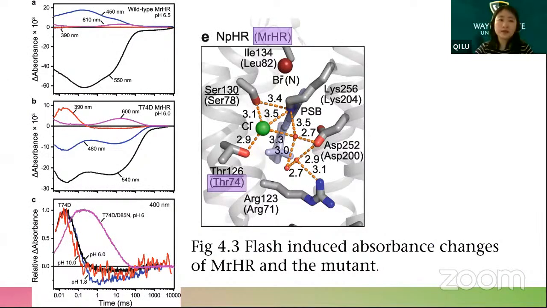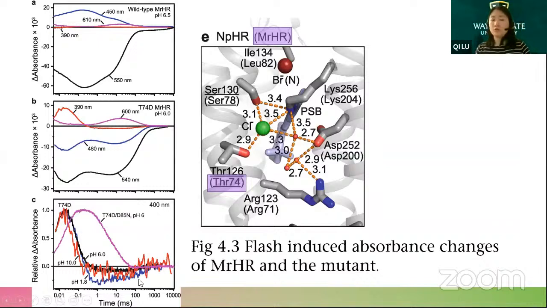Here is the experimental result showing that this one single mutation changes the whole light absorbance property between wild type MrHR and mutant MrHR.